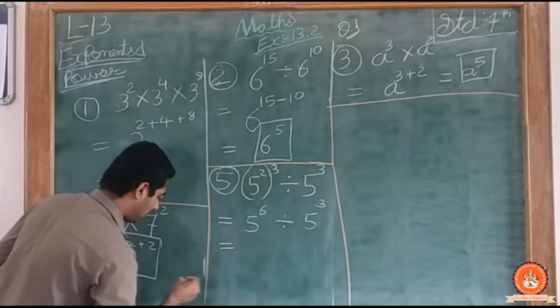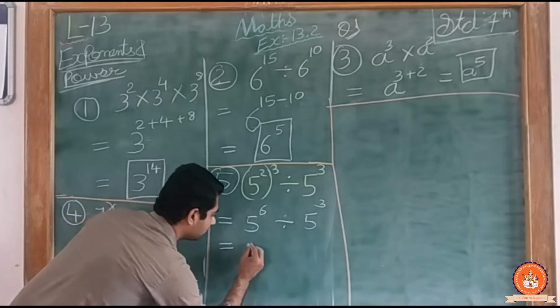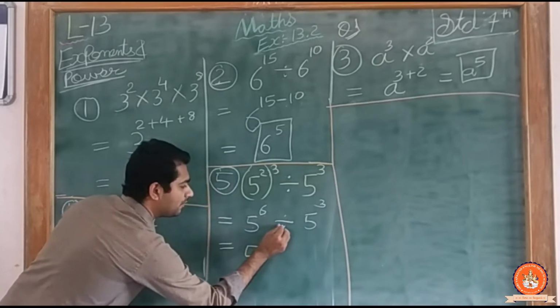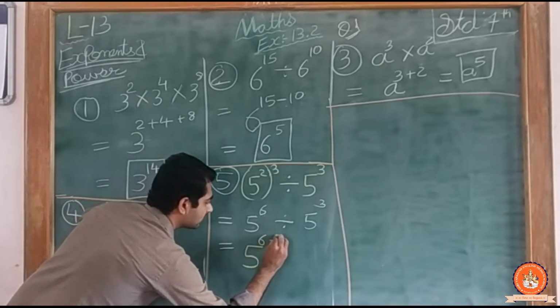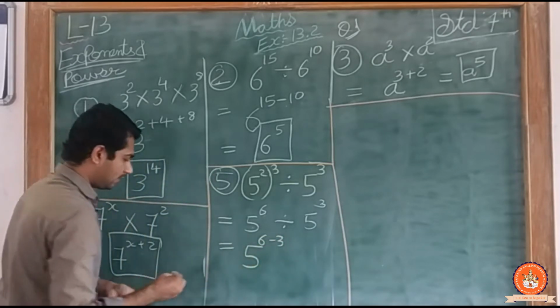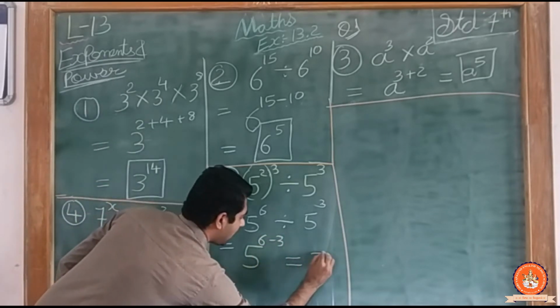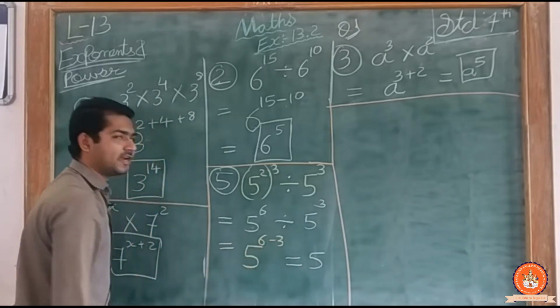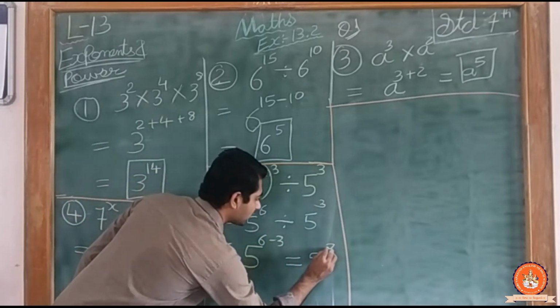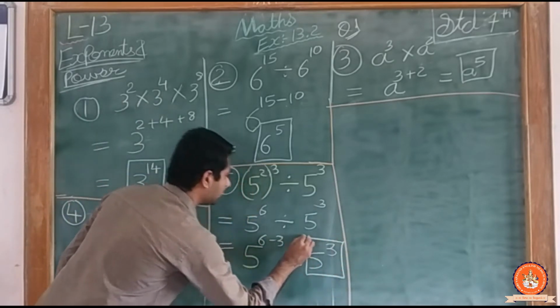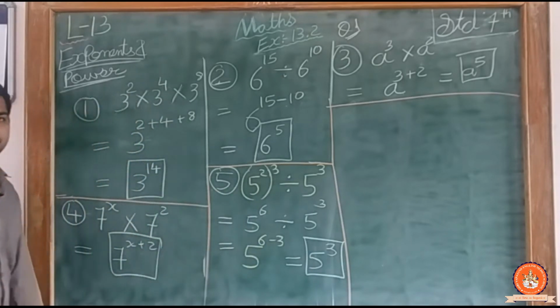First I solved this part, then I put the rest as it is. Now 5 raised to 6 divided by 5 raised to 3: the bases are the same, I will write 5 directly, and there is a sign of division, so 6 minus 3. That means 5 raised to 3 is my answer for this question.